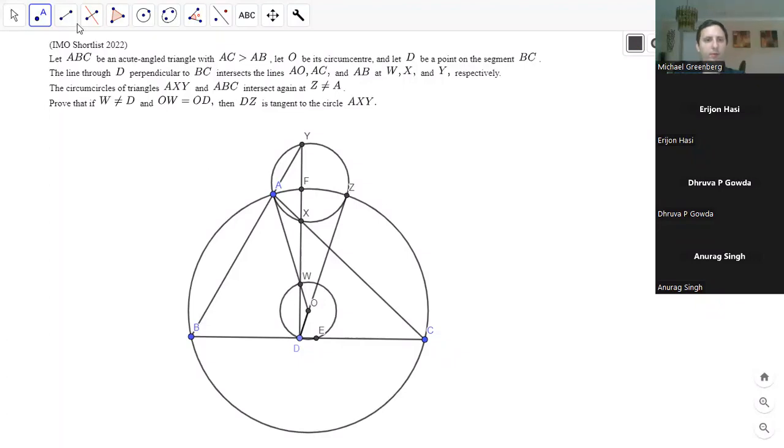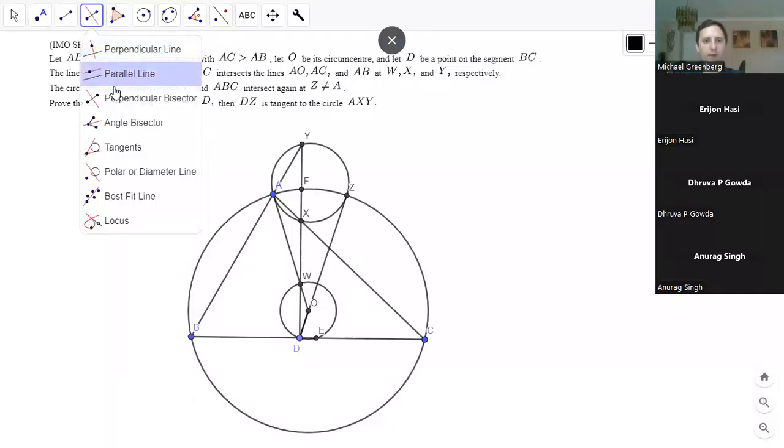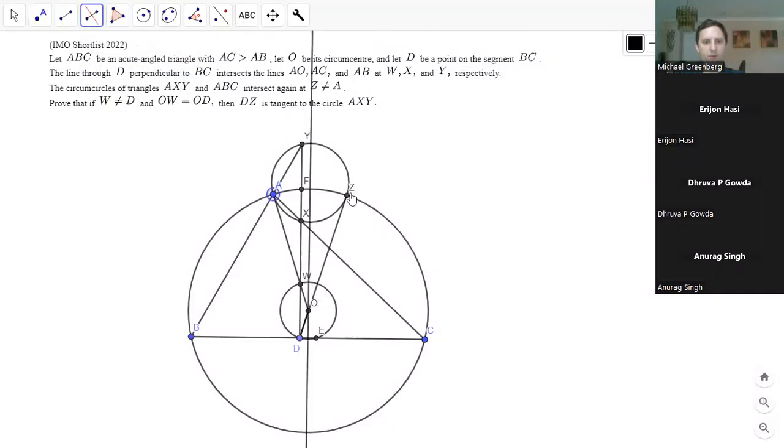I wonder if O lies on the perpendicular bisector of AZ. Sure, it looks like it.